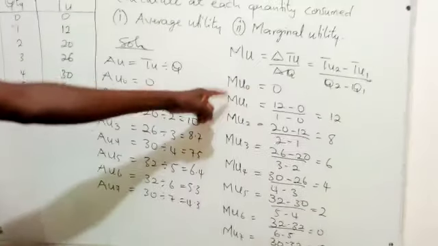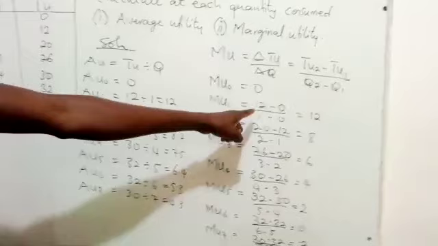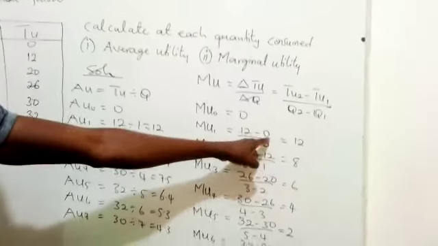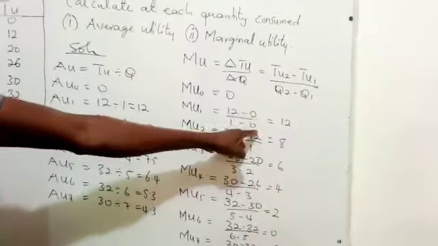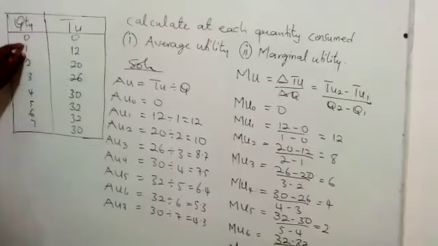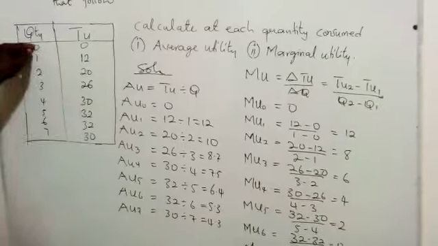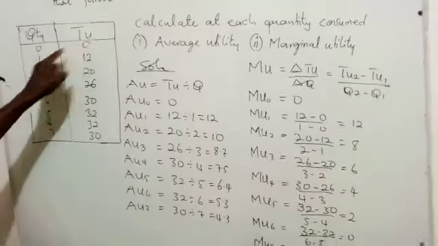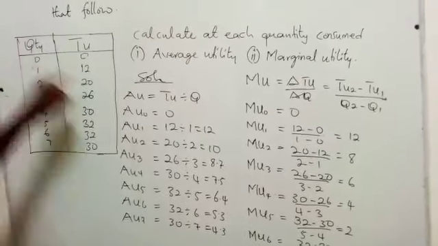So we have the marginal utility. The first one is 0. The second one is 12 minus 0 all over 1 minus 0. So 1 becomes the current or the new, 0 becomes the old. So 12 minus 0 all over 1 minus 0 gives us 12.